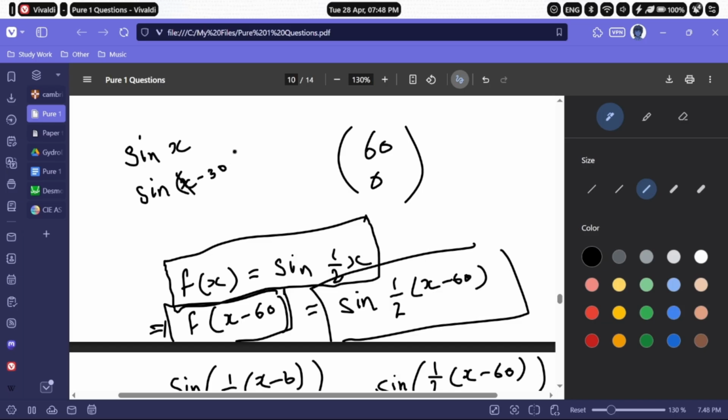And when you're stretching across the x-axis by a scale factor of 2, you can think of it as x minus 30 getting stretched by a scale factor of 2, right? But again, for transformations when you're dealing with x, you do the reciprocal. So that's why it would be sine x by 2 minus 30. You're basically just stretching it by 30 units.